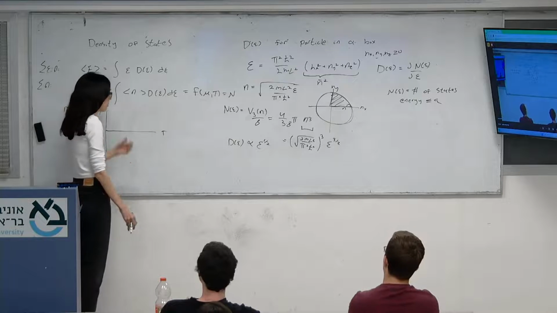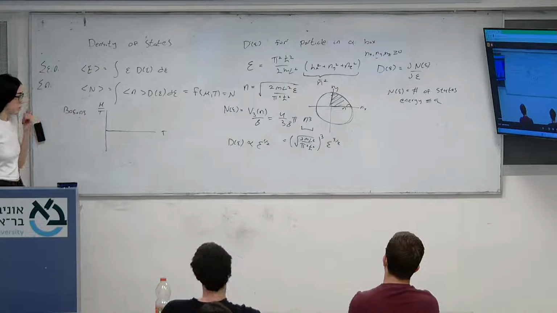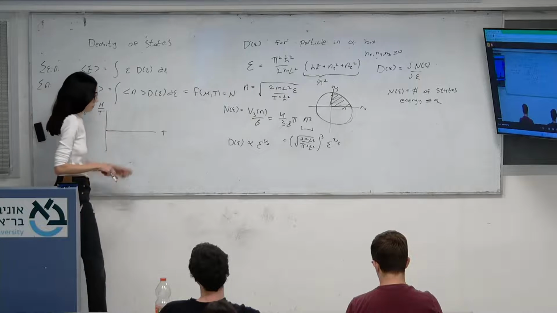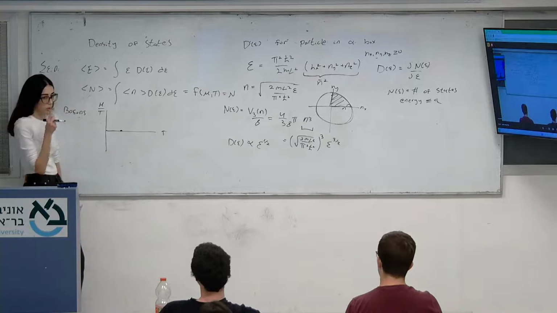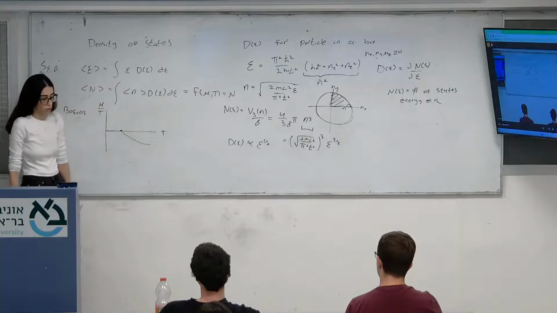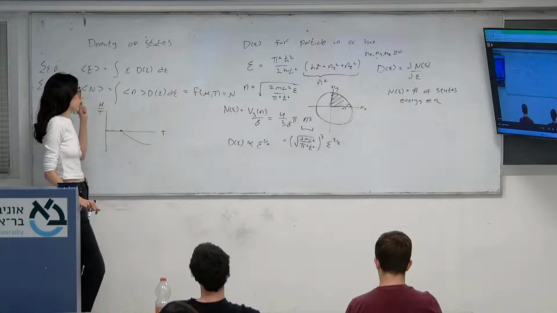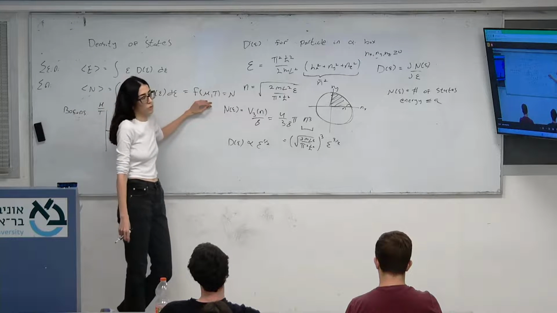For any given number of particles, we can look at the chemical potential as a function of temperature, and we see that we have some critical temperature. Above it, we get some function, we don't really care too much about that. But below some temperature, this is going to be unsolvable.